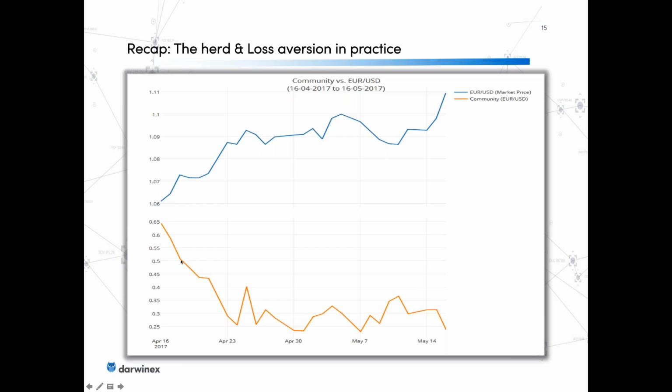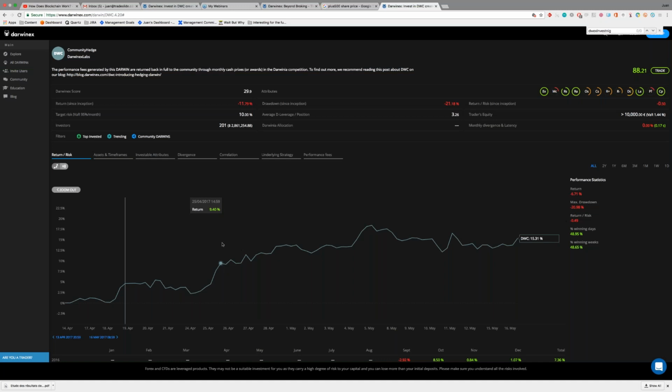You can see here that actually the community was the wrong way, and the more the euro dollar went against them, the more asymmetric that went, because some guys were trying to actively add against it and also were hanging on to the positions for quite a bit longer. As a result of that, the DWC made 15% in a month. And I don't have access to the data for broker dealers because they haven't really published that period yet, but I bet you guys they made a killing in the euro dollar trading against customers in that month.